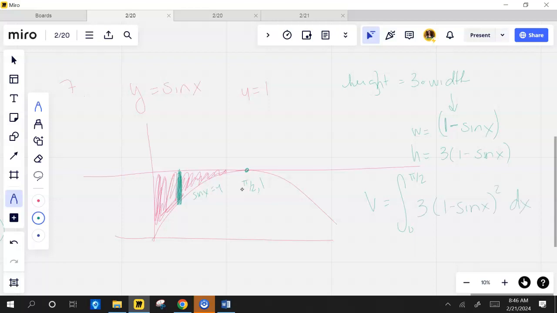Okay, length, height, same thing. I just say height because it's three-dimensional. But I'm integrating, which is giving me the volume. We're using calculus to get the volume.